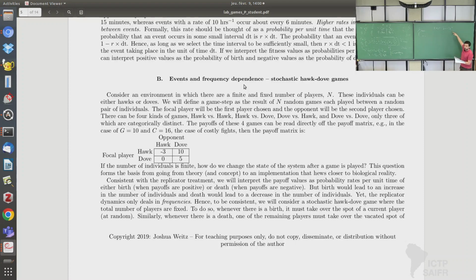If this is bigger than 0, then you can think of it as a birth rate. If this is smaller than 0, then the absolute value of it is a death rate.